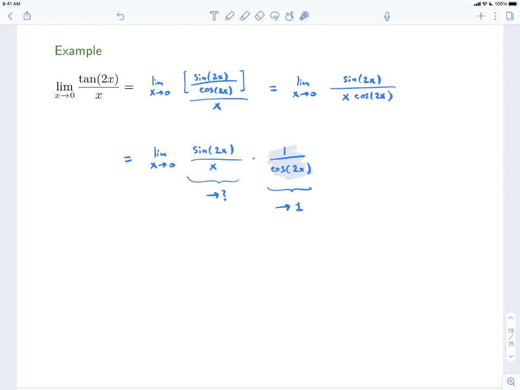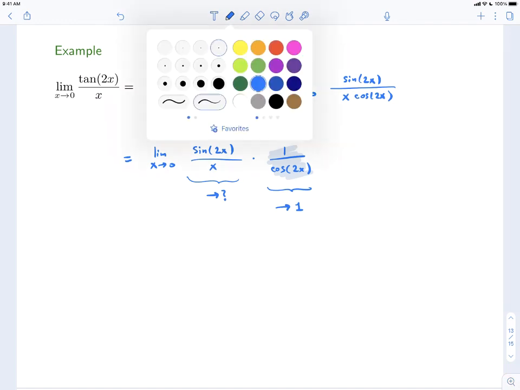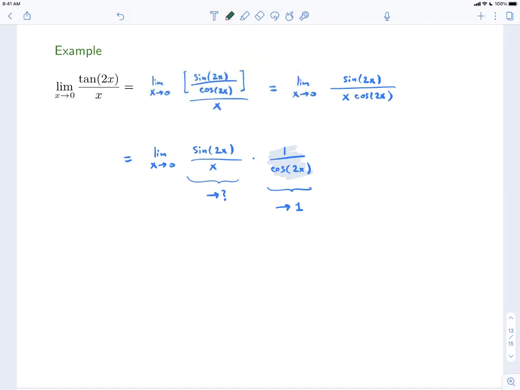Well, it looks an awful lot like something that we've already seen. It looks like sine of theta over theta, except it's not quite because there's a 2x here and just an x here. What we want to do is use the limit as theta goes to 0 of sine of theta over theta equals 1, and we want to do that with theta equals 2x, because then we'd have a little theta right here.